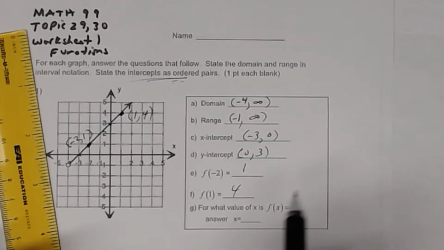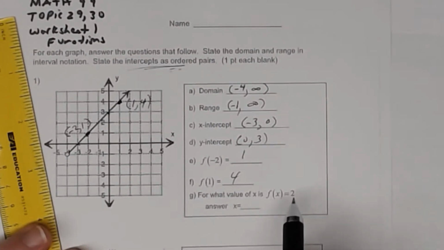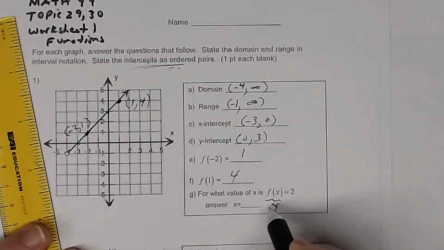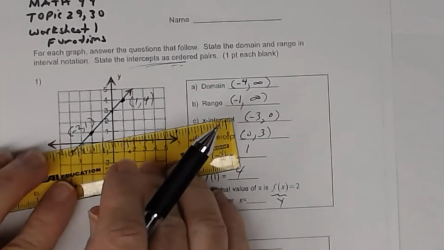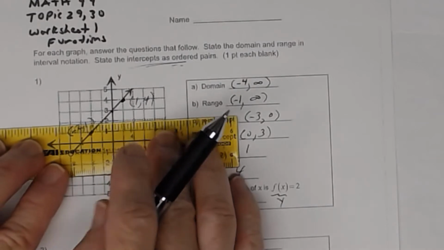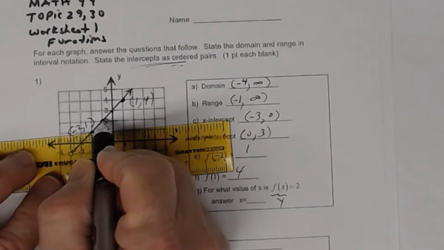And then the next one: for what value of x is... remember, f of x means y, so think of it this way. For what value of x is y equal to 2? Here's where y is 2, right? Go along and trace over it like this. When y is 2, the point that corresponds to that is right here.